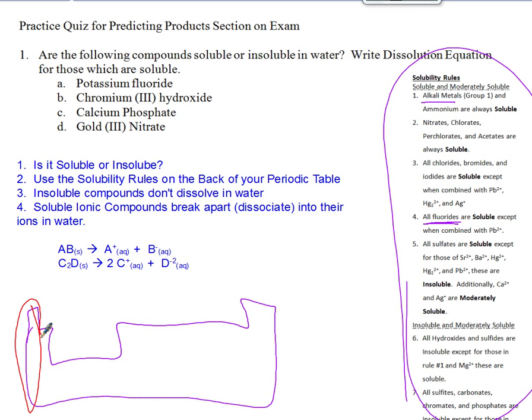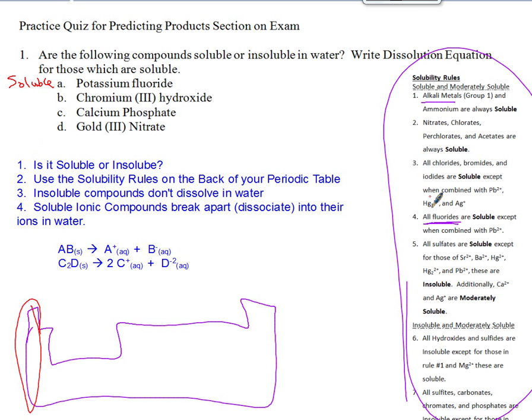So potassium is soluble and fluorine is soluble, so this one's soluble for two reasons. We actually needed it to be soluble for one reason, but we got two. So let's write S-O-L-U-B-L-E, soluble, right there.